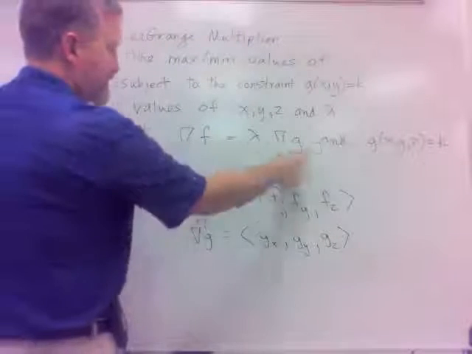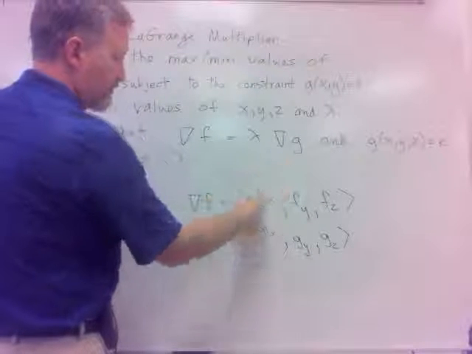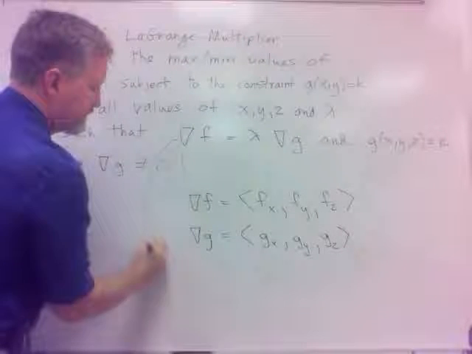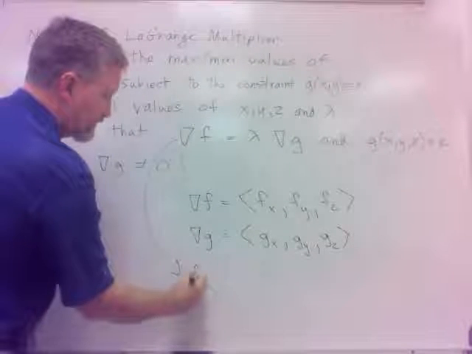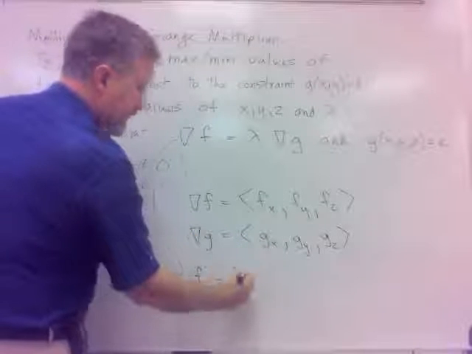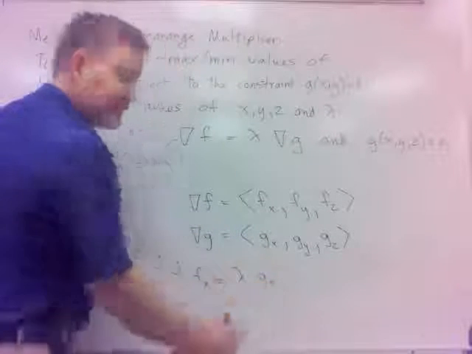If the gradient of f equals lambda times the gradient of g, what this means is really three equations, right? This means that the partial of f with respect to x must equal lambda times the partial of g with respect to x.